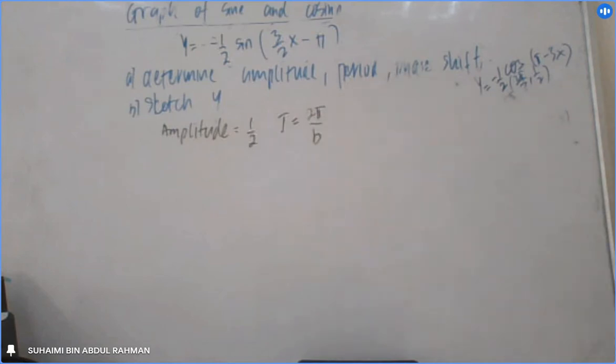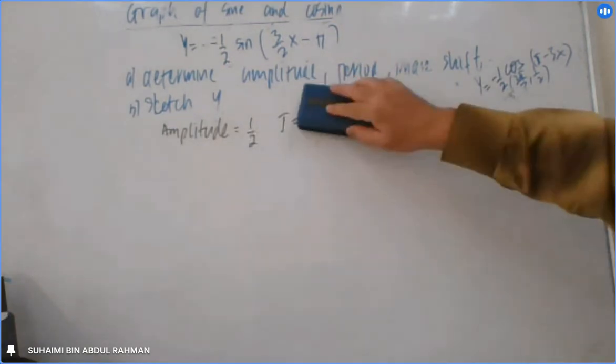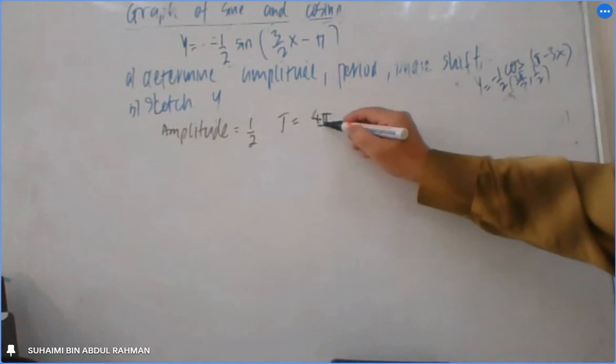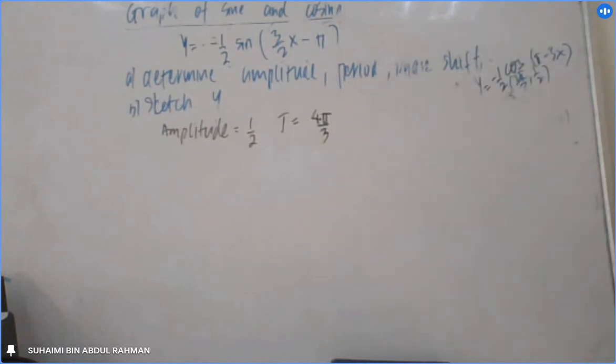What is b in our case now? 4 pi over 3, sir. 4 pi over 3. Remember the period is 2 pi over b.